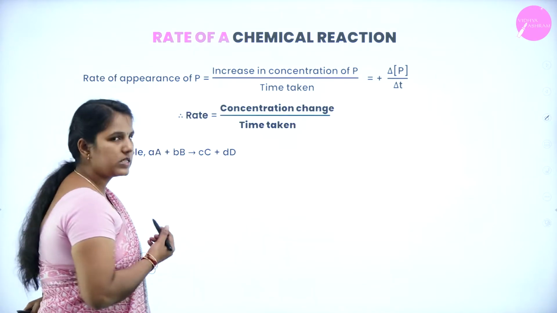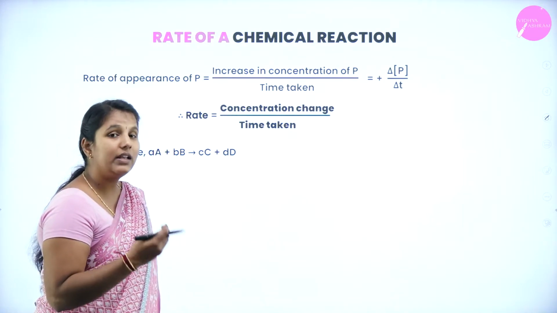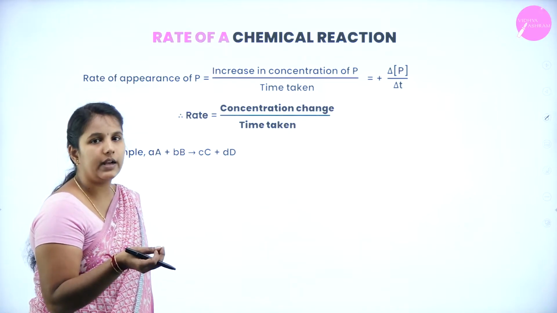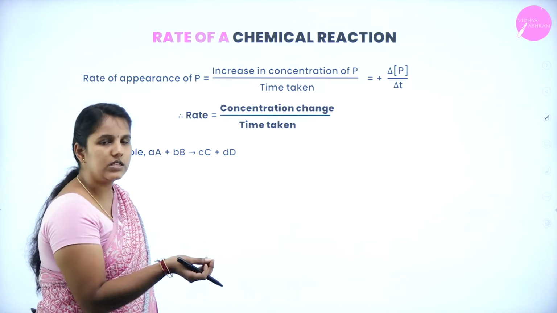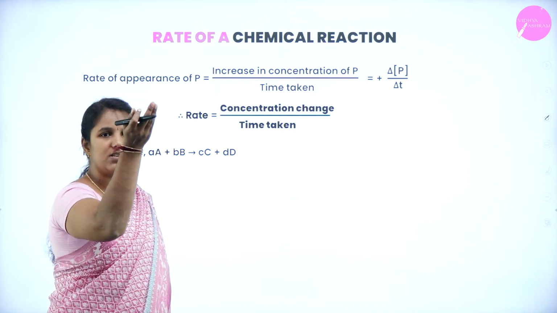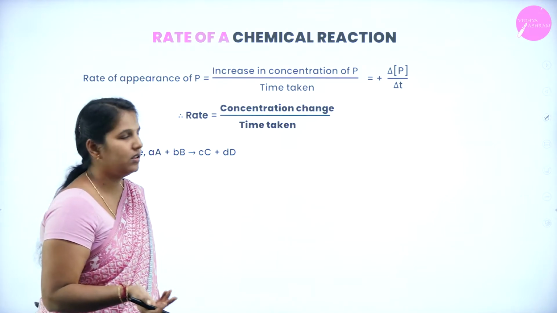Similarly, I can express it for the product also. How to write it? The rate of increase, or appearance, of the product. We know that R is giving rise to the product, so as the reaction proceeds, the concentration of the product increases.